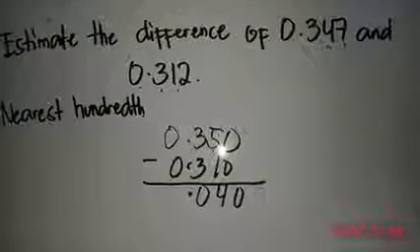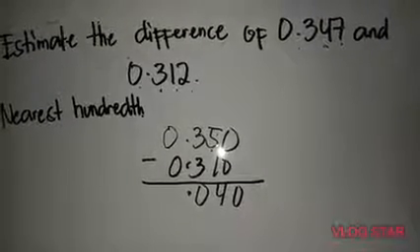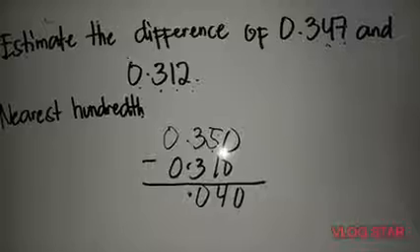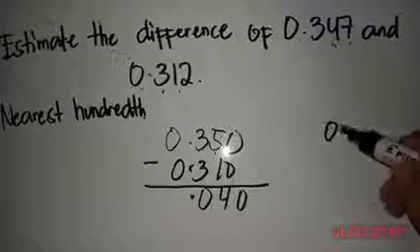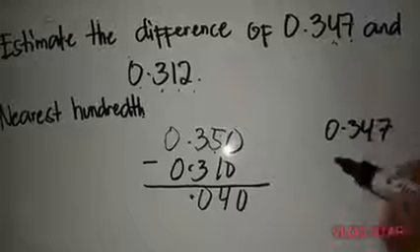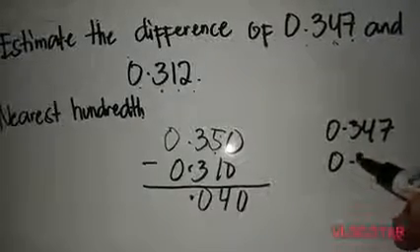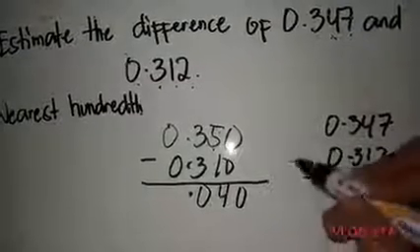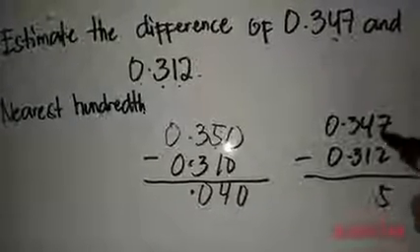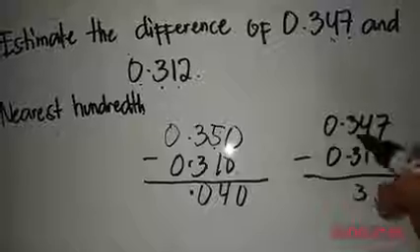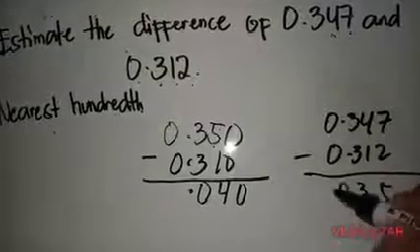So this is the estimated difference of 0.347 and 0.312 when you round it to the nearest hundred. Now let's find the actual difference. Seven minus 2, 5. 4 minus 1 is 3. 3 minus 3 is 0.